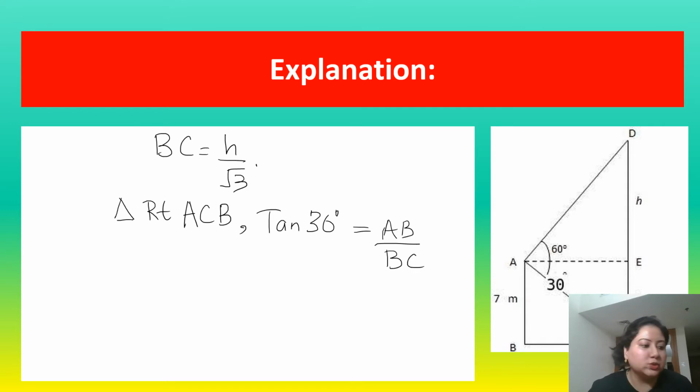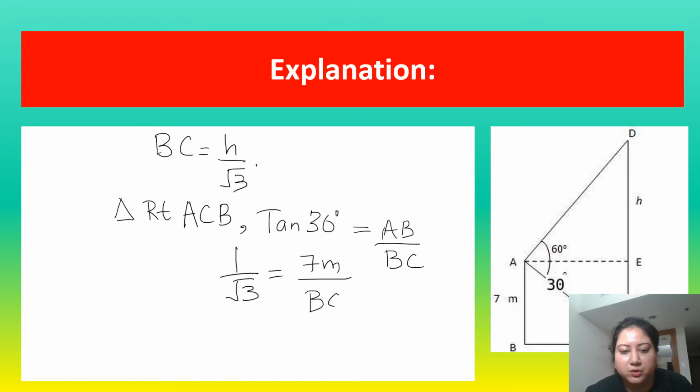So let's substitute the values. I hope you can recall that tan 30 is 1 over square root of 3. AB is what we are given in the question. That's the height of the building which was given, 7 meters, and BC is what we don't know. So let's cross multiply, simplify. And when we do that, we get the value of BC.